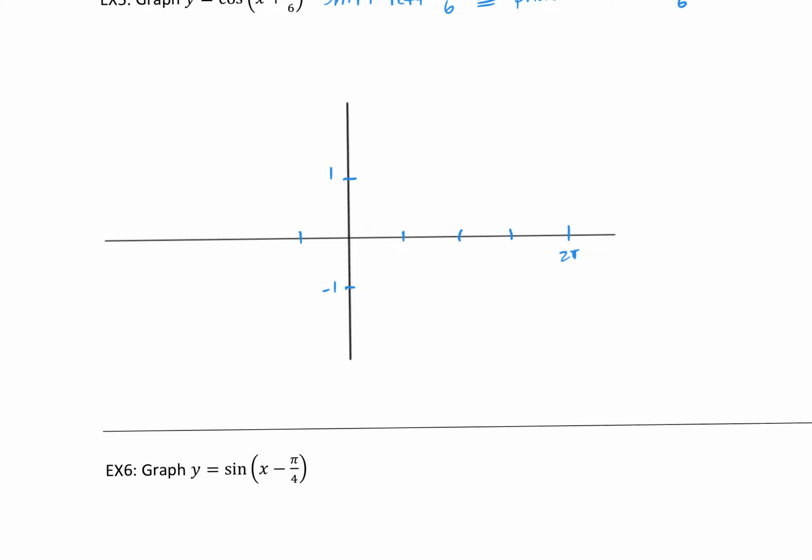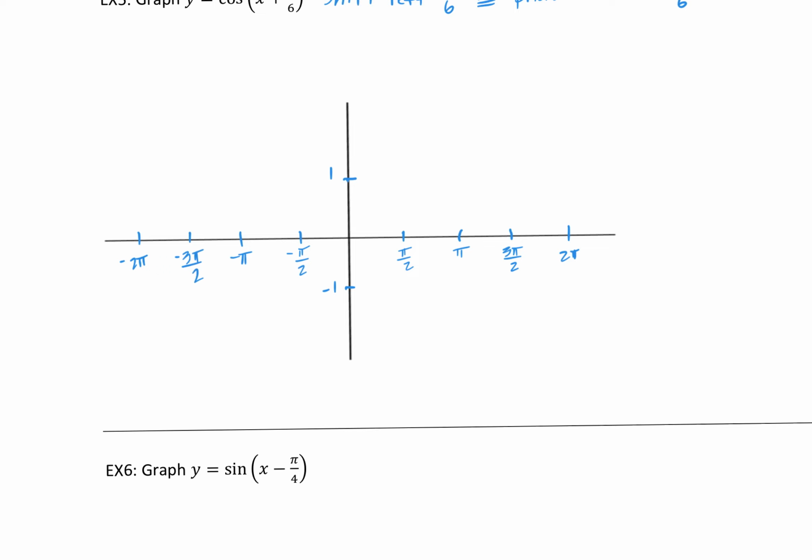2 pi, and negative 2 pi. However, I'm going to have to take and shift my graph. Let's go ahead and do our normal values of pi over 2, pi, 3 pi over 2, negative pi over 2, negative pi, negative 3 pi over 2.